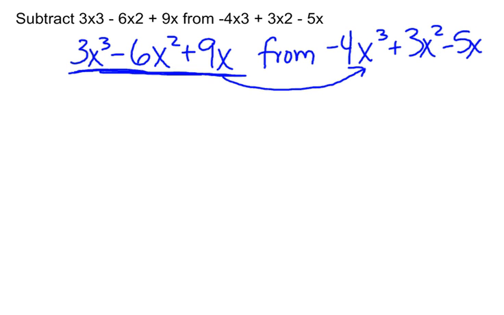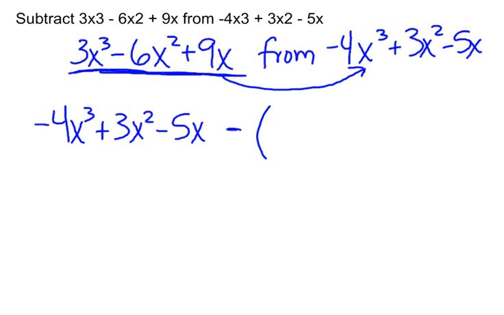And let me go ahead and write the second one first. So they actually want this to go first, negative 4x to the third plus 3x squared minus 5x. And they want us to subtract, and when I do that, I need to put this in parentheses.